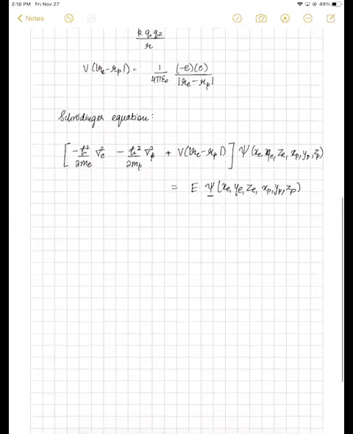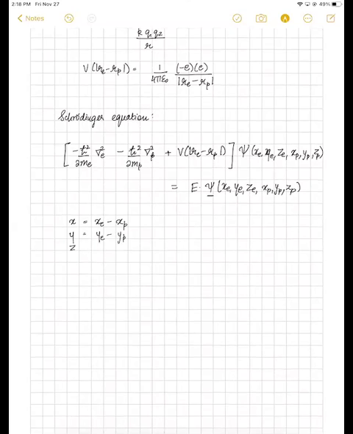And in order to do that, we're going to have to use some clever change of variables. And one of them is to use relative positions. So we're going to define x as xe minus xp. Let's say y is ye minus yp. And z is ze minus zp.